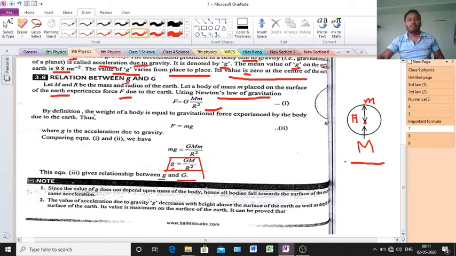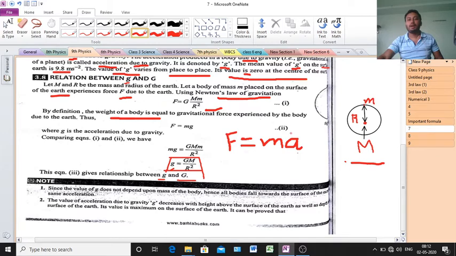The weight of the body, by definition, you know F equal to ma, which is Newton's second law of motion.